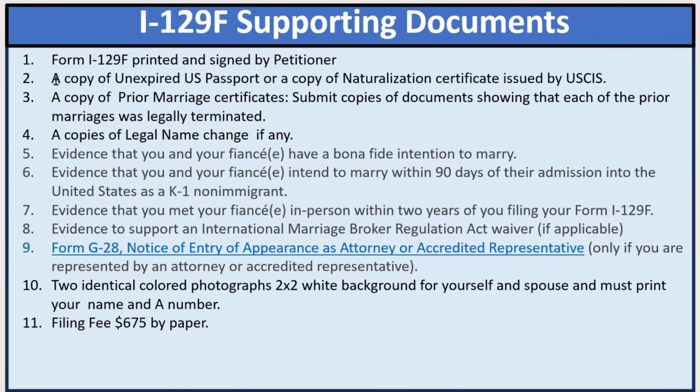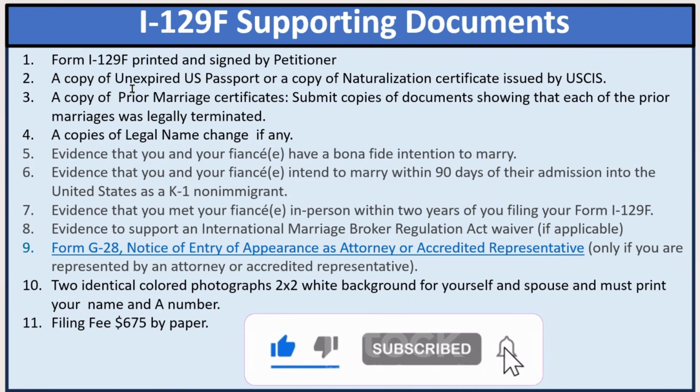First one is, of course, Form I-129F, printed and signed by the petitioner, a copy of an expired U.S. passport or a copy of the naturalization certificate issued by USCIS, a copy of prior marriage certificates, a copy of legal name change, if any, evidence that you and your fiancé have a bona fide intention to marry, evidence that you and your fiancé intend to marry within 90 days of admission to the United States, evidence that you met your fiancé in person within 2 years of filing your Form I-129F, evidence to support the International Marriage Broker Regulation Act waiver, Form G-28, notice of entry of appearance as attorney or accredited representative, if any, 2 identical colored photographs, 2x2 with a white background, for yourself and your fiancé, and the filing fee is $675.